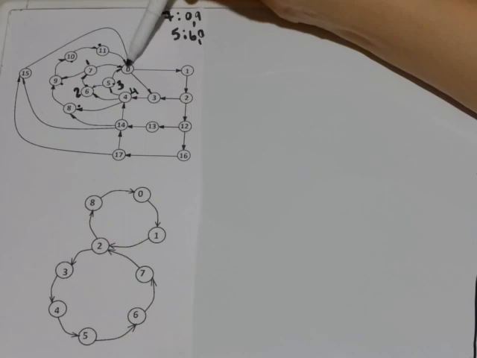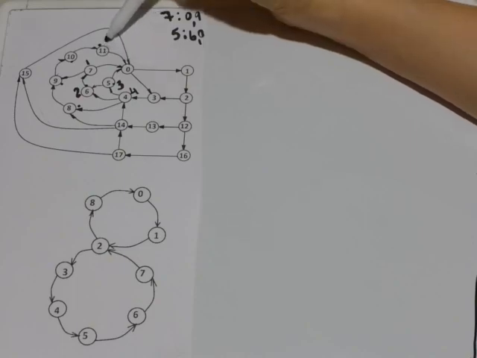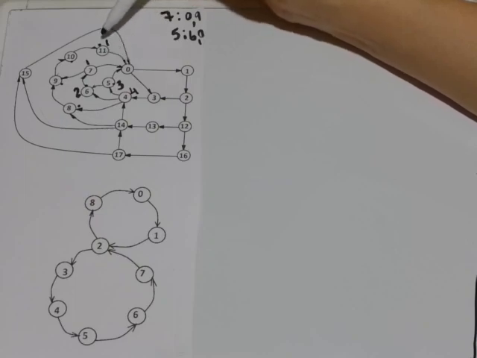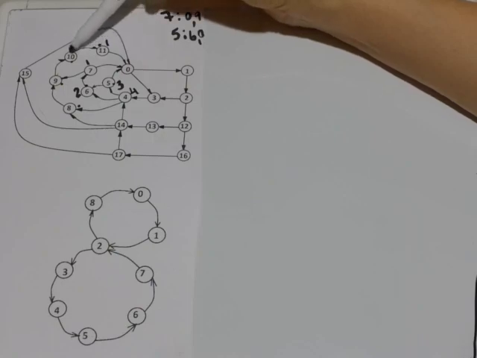We check, aha, 0 is gray. Is it the source? Yes, it is the source. So we check if distance of 11 is equal to -1, then we can set the distance from 11 to 0 to 1. It means to go from 11 to 0, there exists a path consisting of one edge. Then we return our recursion call to 10.